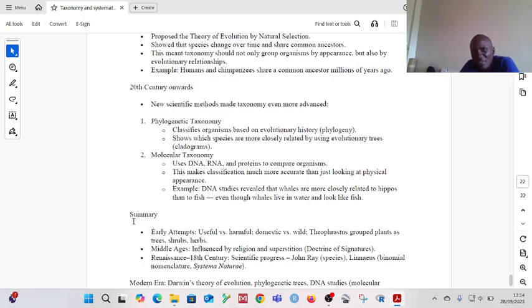Interestingly, now in the 20th century, we have new scientific methods that have made taxonomy even more advanced. We have the phylogenetic taxonomy, which classifies organisms based on phylogeny. Phylogeny is the evolutionary history.